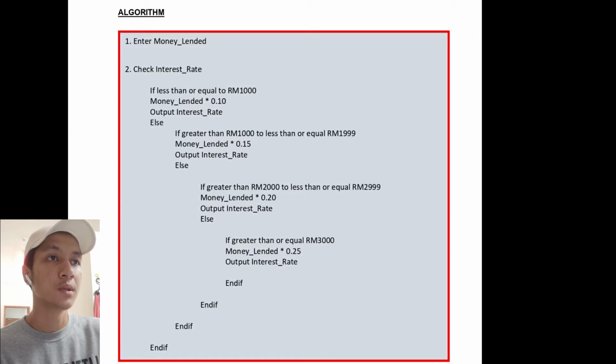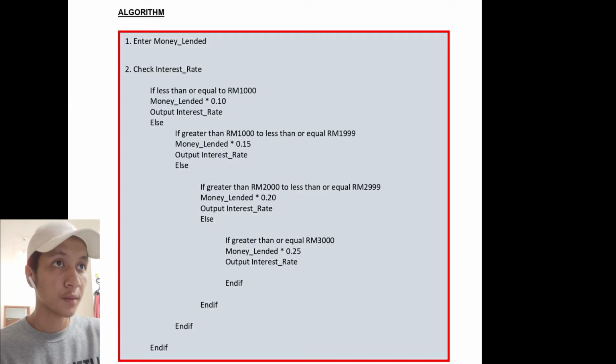The output is interest rate. If greater than 2,000 ringgit to less than or equal to 2,999 ringgit, money lended must be multiplied with 0.2. Output interest rate. If greater than or equal to 3,000 ringgit, money lended multiplied by 0.25. And then output interest rate.